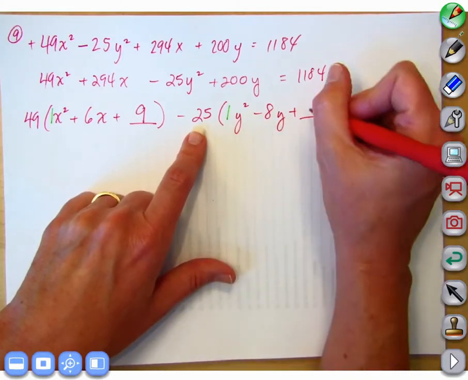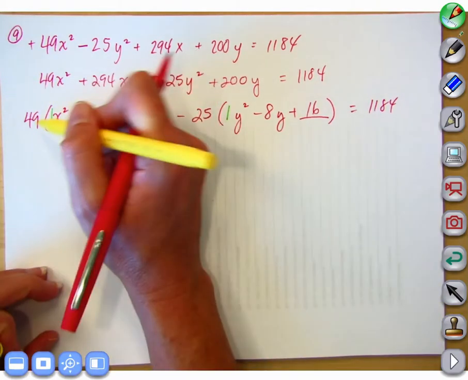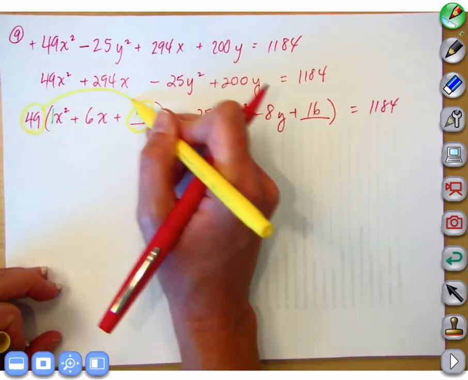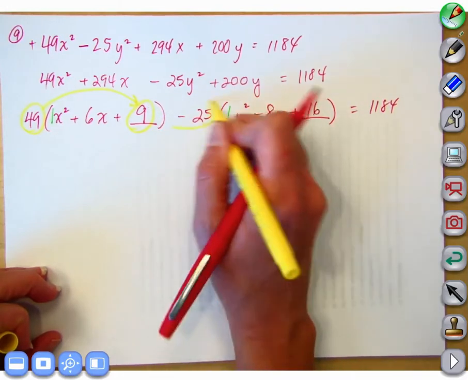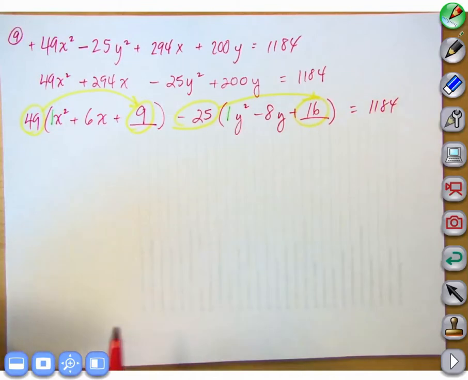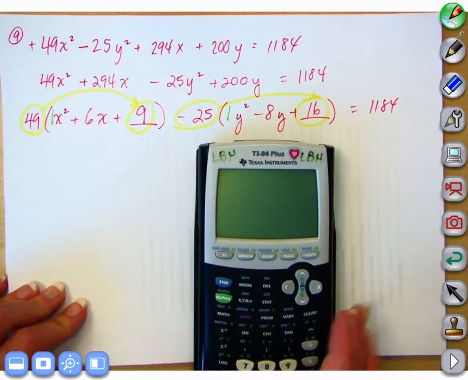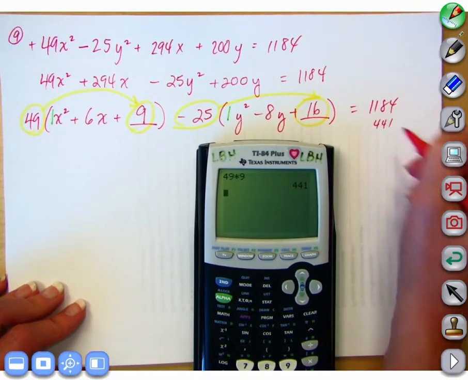4 squared is 16. But think about, what are we really adding on the left-hand side? We're really adding 49 times 9, and we're really adding negative 25 times 16. So when I go to the right-hand side, I'm going to have 49 times 9 is 441, so plus 441.